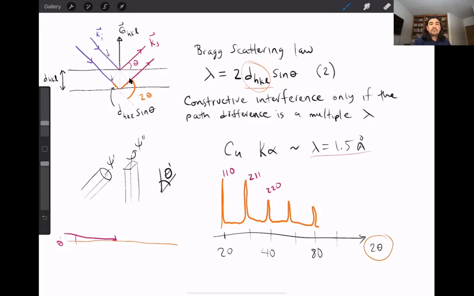Oh, it's just that the angles are set up in your goniometer. 2 theta is the angle that you're measuring, and it's because you're comparing the incident beam with the diffracted one. I see. Yeah, but that's the main reason. Okay, thank you.